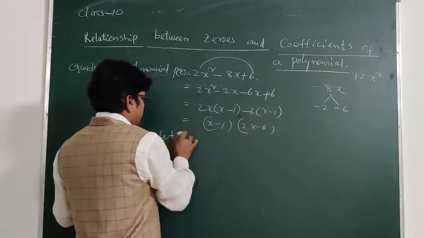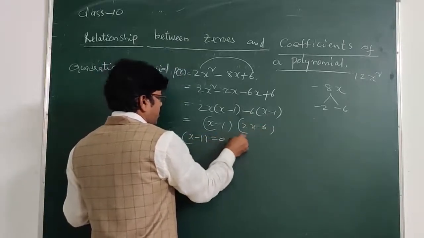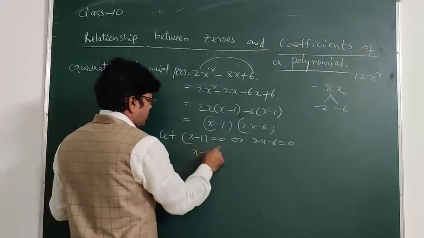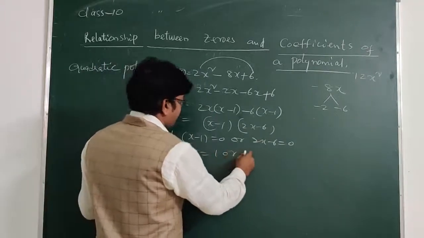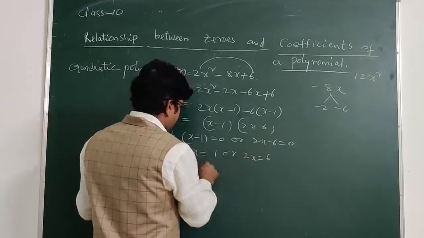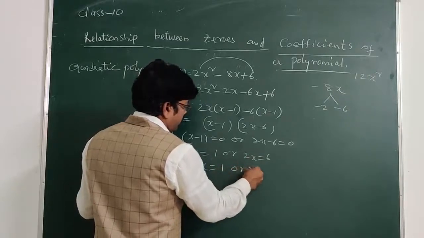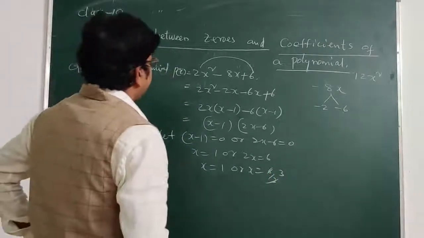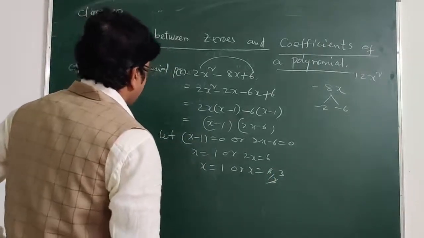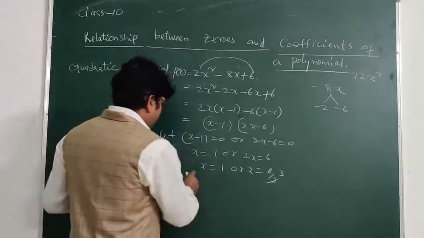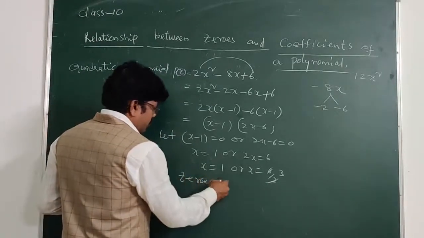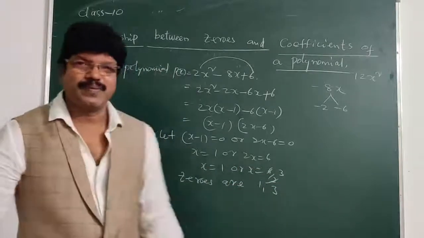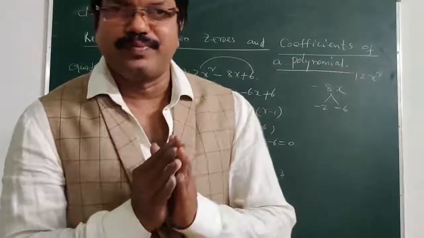Let x minus 1 equal to 0 or 2x minus 6 equal to 0. X equal to 1, or 2x equal to 6, so x equal to 3. Zeros are 1 and 3. These are the zeros of the given polynomial.